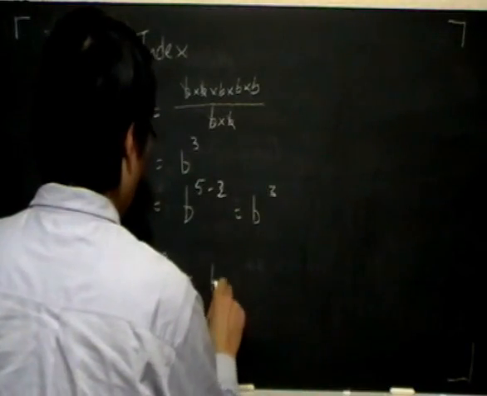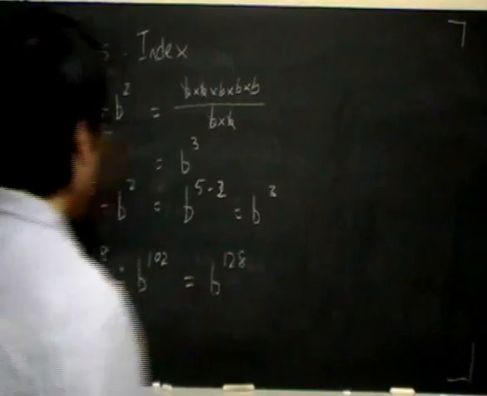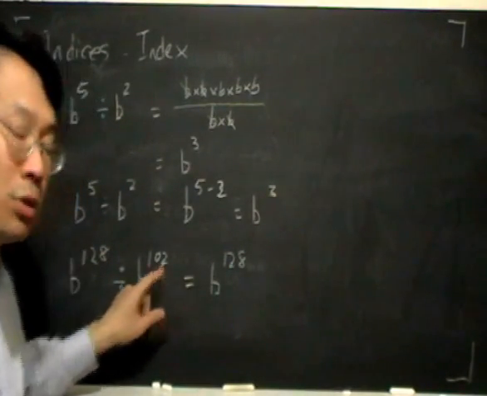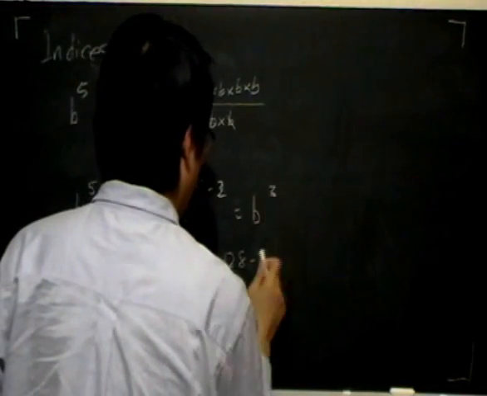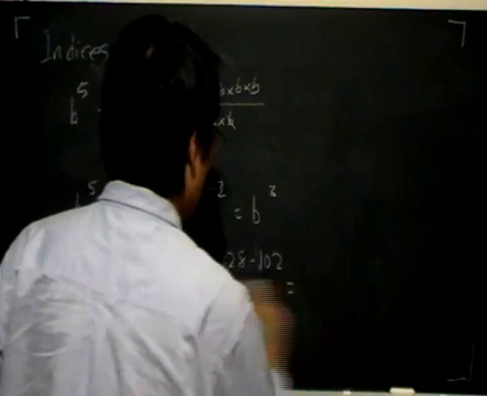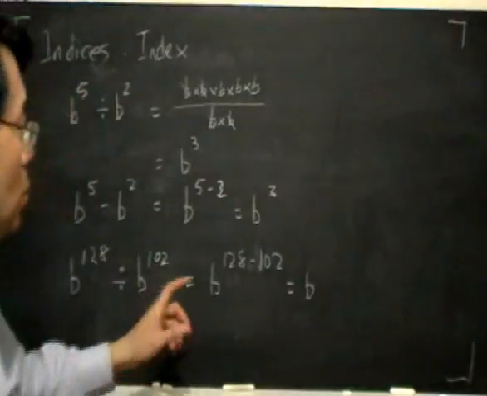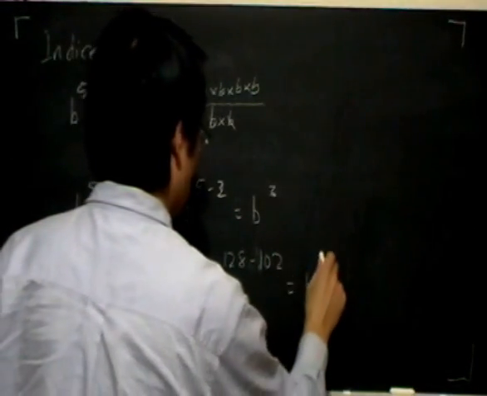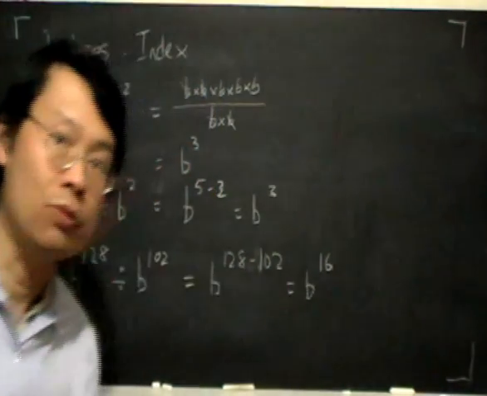So all that we need to do is to take 128 minus 102, and the answer is, right, 128 minus 102 is 26. b to the power of 26.